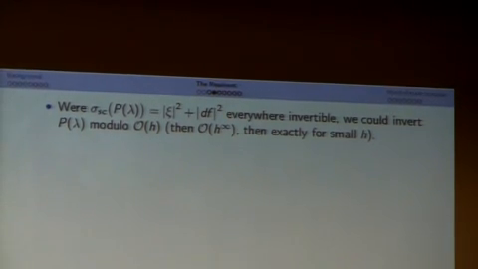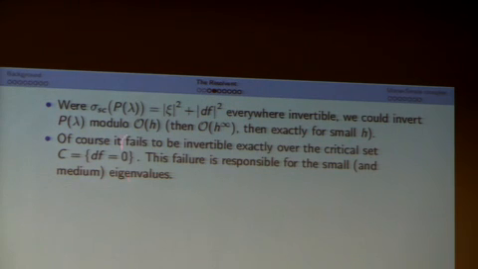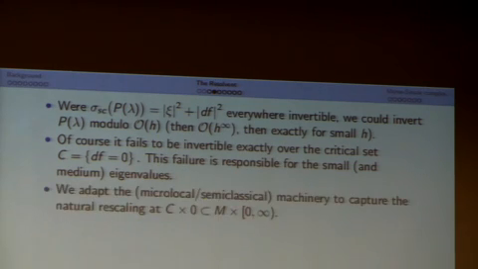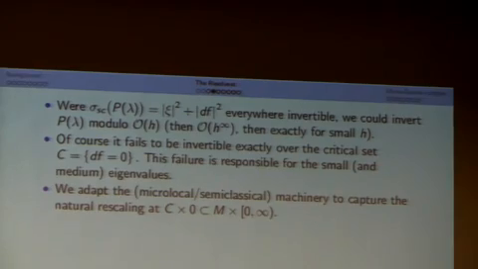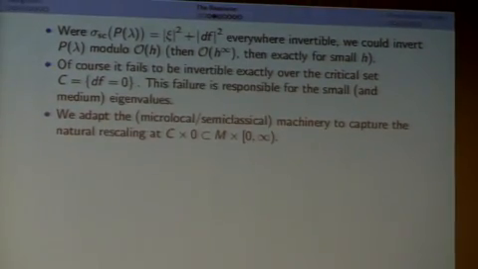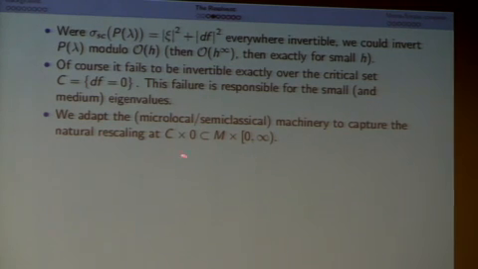So of course it's not everywhere invertible. It fails to be invertible exactly over the critical set, right? Because this thing might vanish, and then c equal to 0 is not invertible. So that failure is exactly what's responsible for the small eigenvalues, because if it were invertible, we'd be able to construct a resolvent exactly. There would be no small spectrum. So the idea here is we adapt the microlocal or semi-classical machinery to capture what I claim is the natural rescaling of the problem at the critical set at h equals 0.